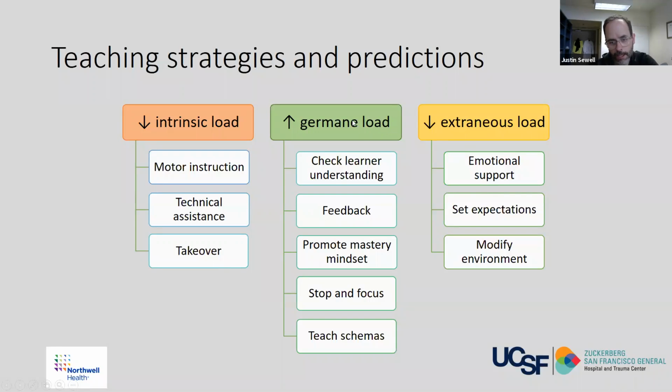To promote germane load, we looked for checking understanding, so asking learners to tell what they thought instead of telling them what was happening. Giving feedback, promoting a mastery mindset, stop and focus, like I mentioned, and teaching schemas or complex concepts. And finally, to reduce extraneous load, we looked for providing emotional support, setting expectations, and modifying the environment.